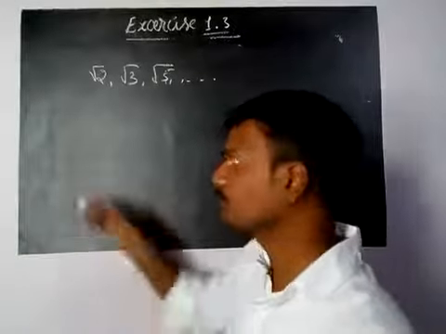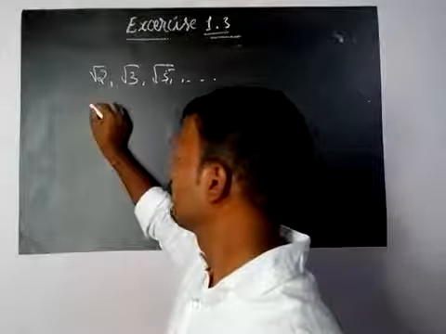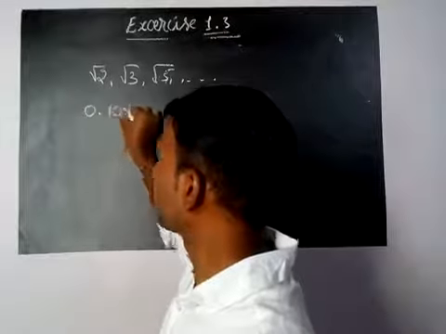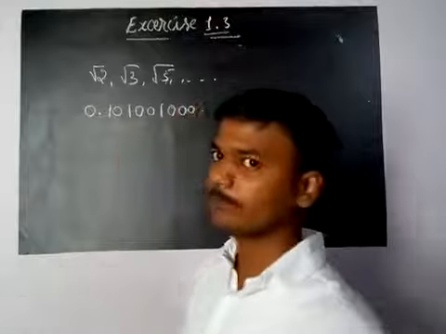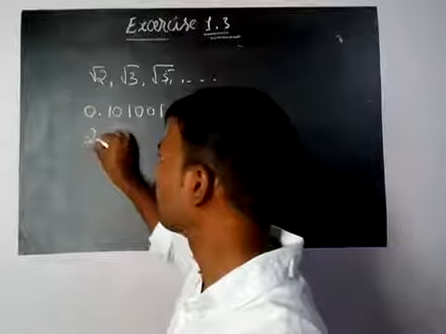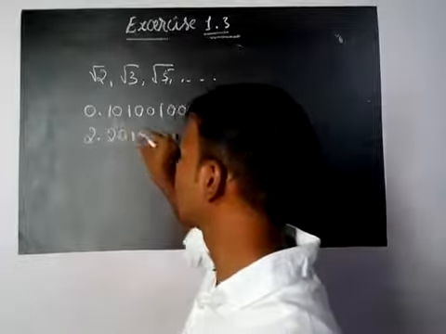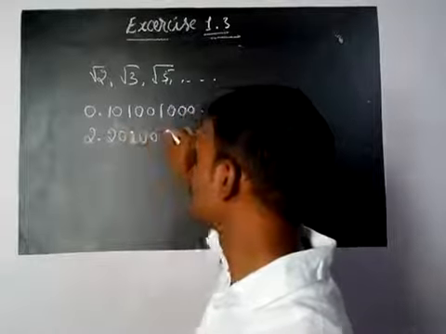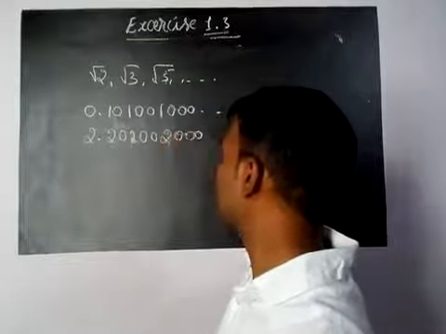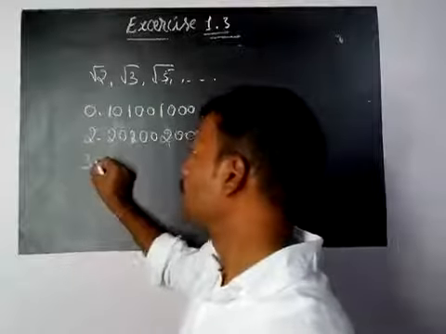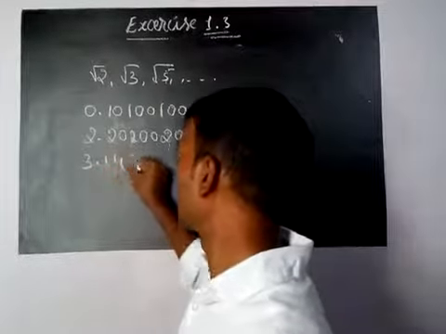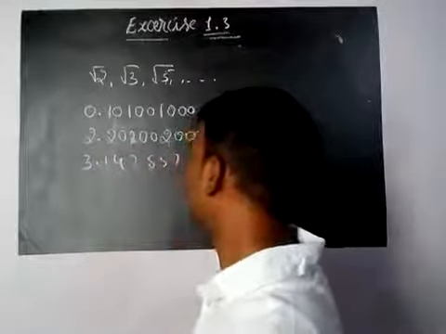Let me write 0.101001000 and so on, 2.2002000 and so on, and 3.142857 and so on.